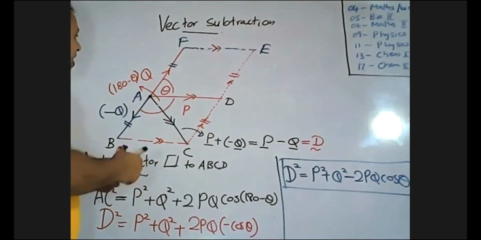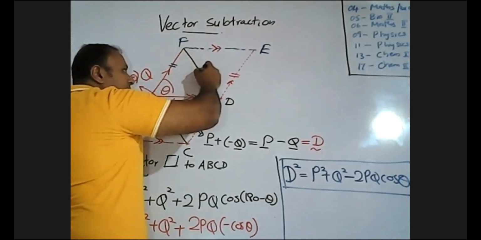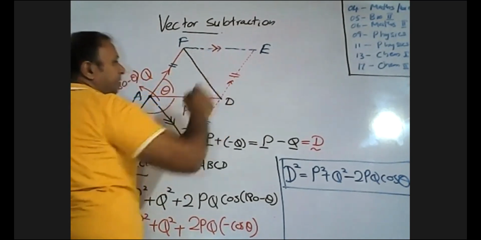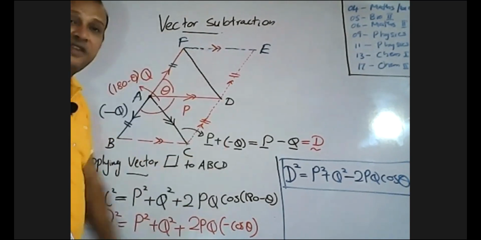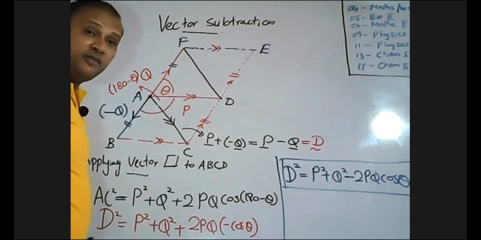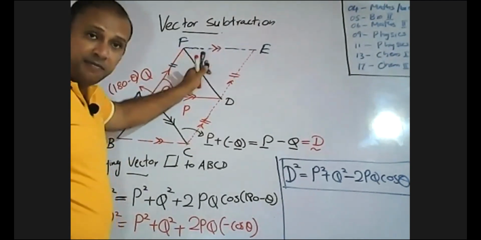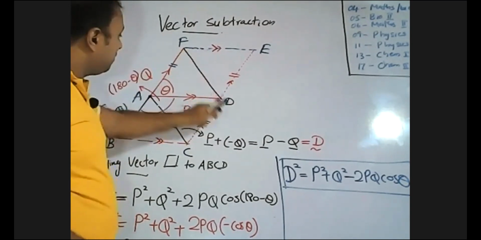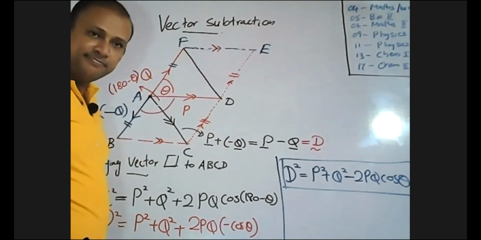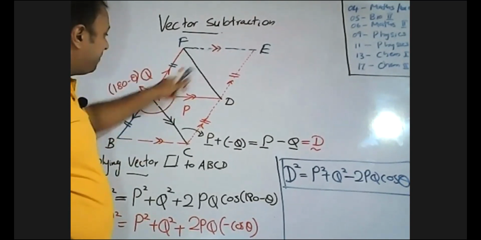So if I draw this diagonal, what will happen? As these two parallelograms are equal, the length AC should be equal to FD, and they are parallel to each other.